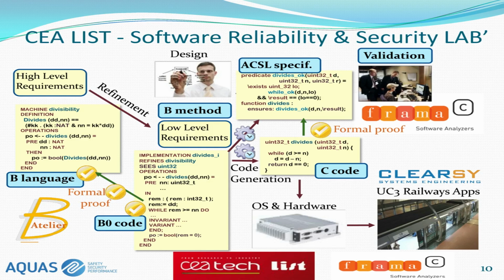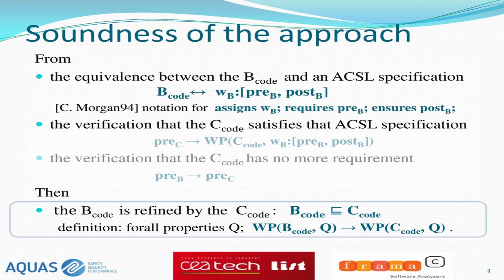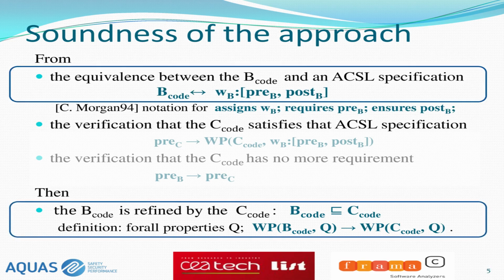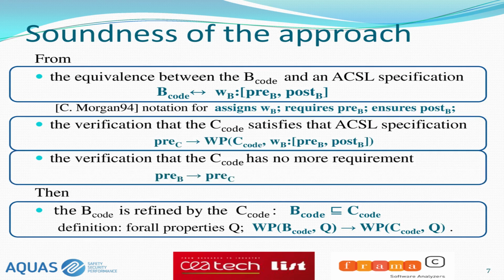Verifying the C code against the B0 description with Frama-C would subsume this task in a more formal and flexible way. A formal proof in Coq of the soundness of the approach has been established as first result. For the fun, that proof has also been done in ACSL with Frama-C. The proved theorem is that a B0 description is refined by a C code when the C code satisfies the related ACSL specification, and has no runtime error.